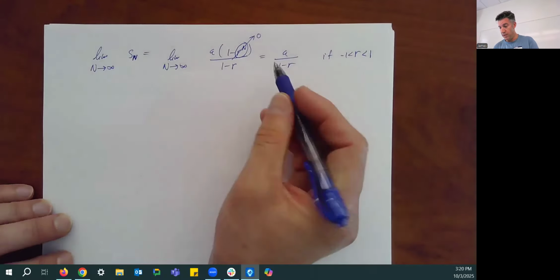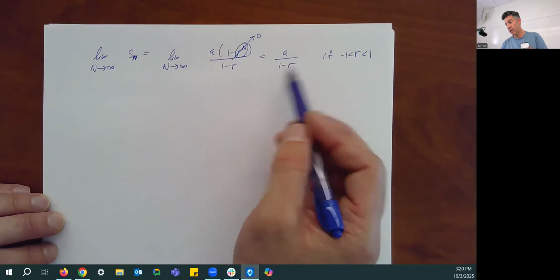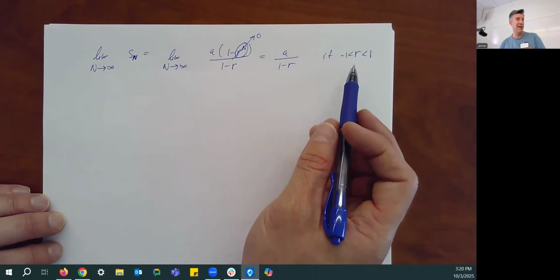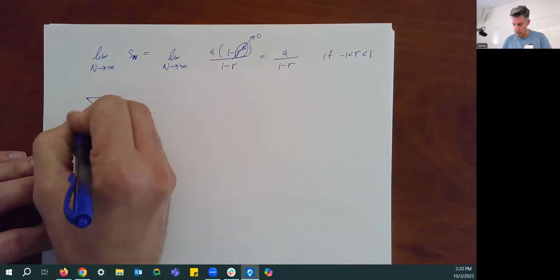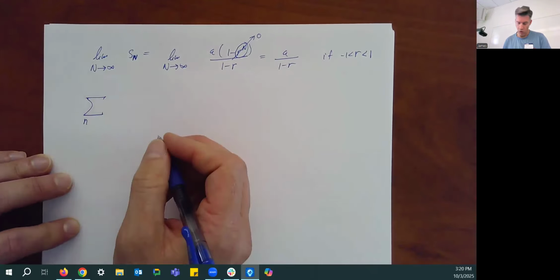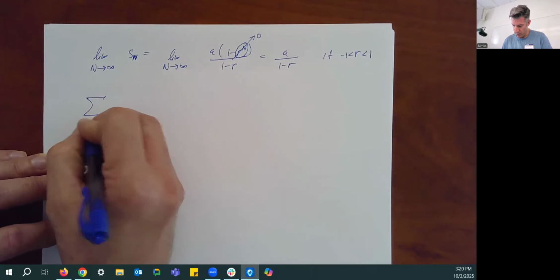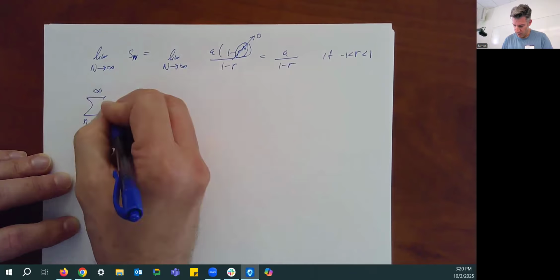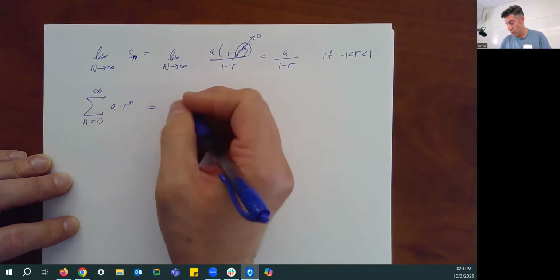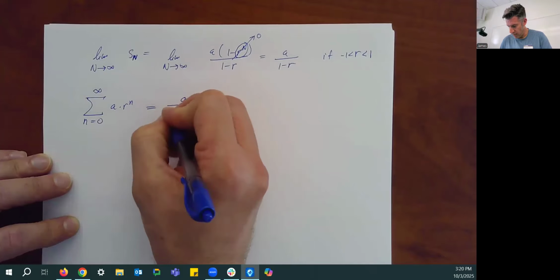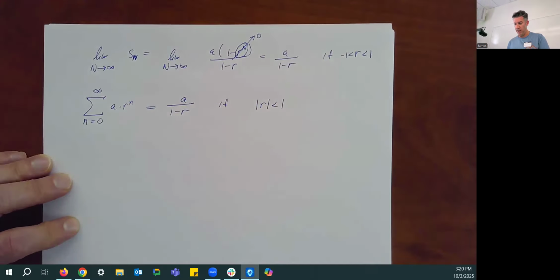So this geometric series converges to A over 1 minus R if R is between -1 and 1 and diverges otherwise. On the other hand, I'm going to write it the very generic way: the sum from n equals 0 to infinity of A times R to the n converges, or is equal to A over 1 minus R, if the absolute value of R is less than 1, is how we usually write that.